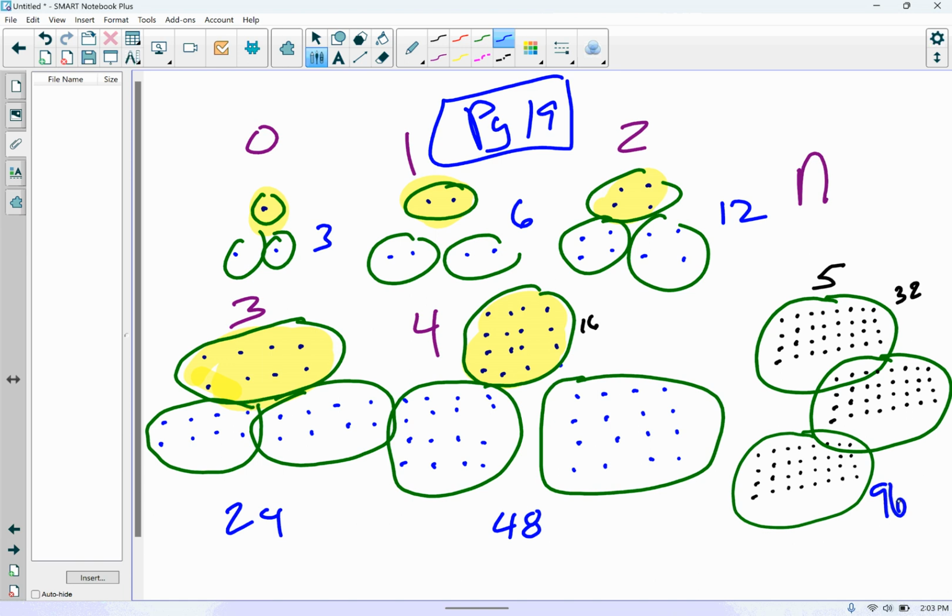We could call this N, and we could call this F at N. Right? And then at 1 minute, I have 6 dots. At 2 minutes, I have 12. 3 minutes, I have 24. At 4 minutes, I have 48. And at 5 minutes, I have 96. You feel comfortable with that table? Yeah.